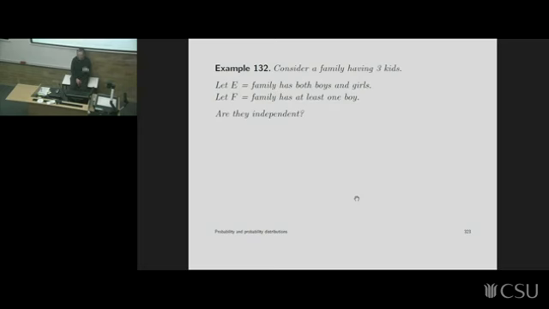Does the outcome of one have an impact upon the other one? Well, F affects E. Because if you have both boys and girls, then you need to have at least one girl, whereas the last one can be 1 boy, 2 boys, or 3 boys.